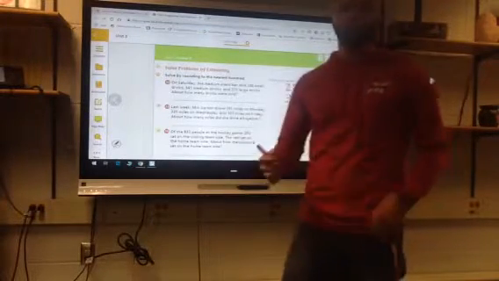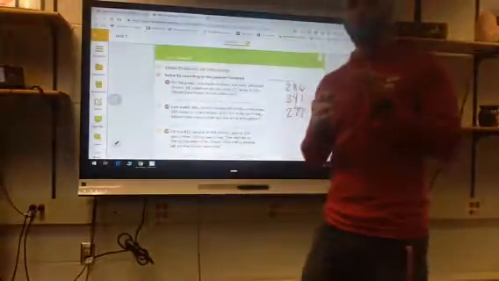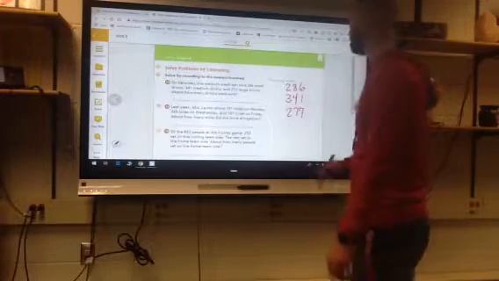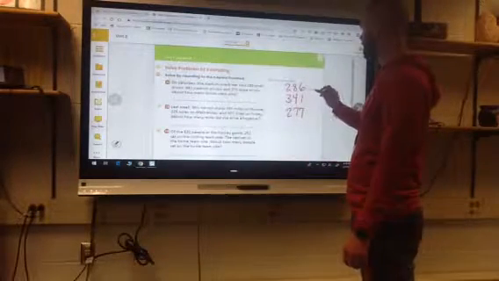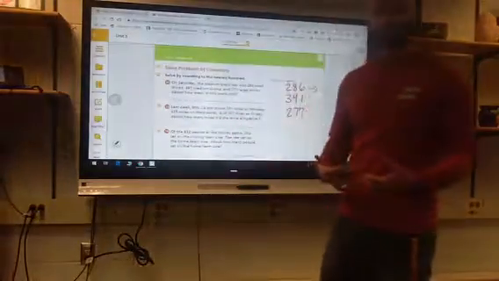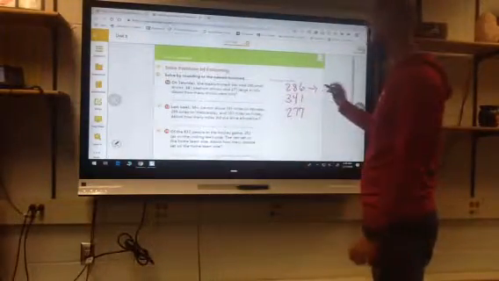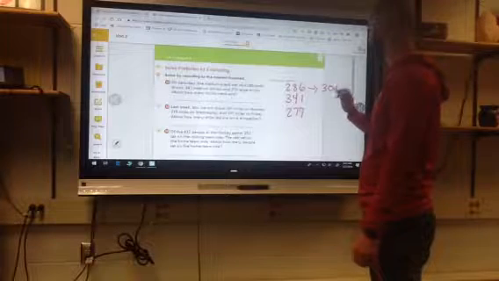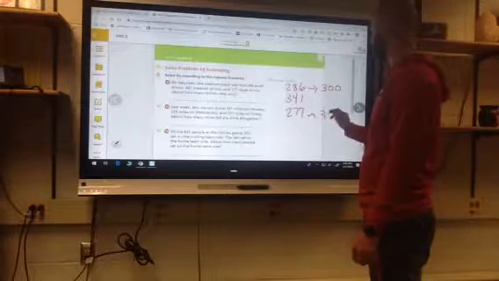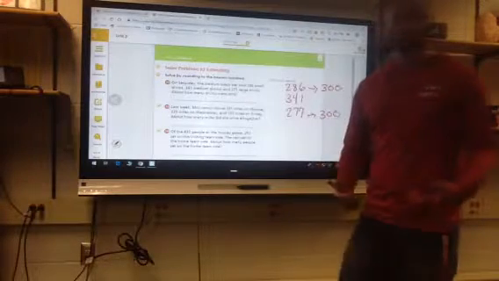And now this is where I start thinking, am I going up or down? And is it going to be close to the correct answer? Okay, so this one, I want to get as close as possible, but I want to use easy numbers as well. So I'm going to go up a little bit to 300. This one I'm also going to go up a little bit to 300, because again, those are easy numbers to work with.